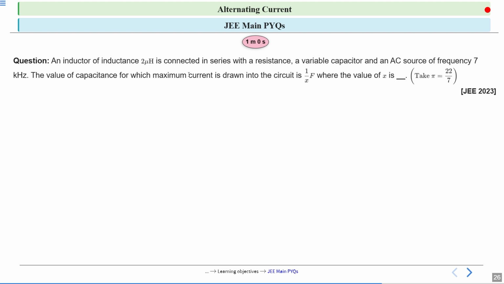Resonance. Maximum current is drawn at 7 kilohertz, so this is the resonant frequency. That means XC is equal to XL at this condition. We have to calculate the capacitance, which is in the form 1 by X farad, so you have to calculate the value of X. Take pi equal to 22/7. I will give you some time to think about it.